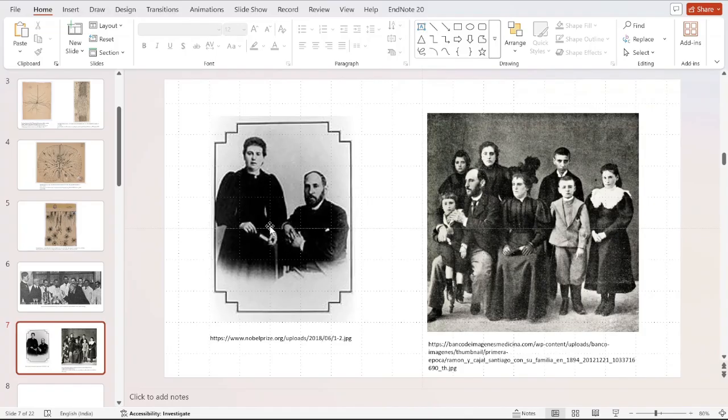Apparently, his wife was regarded as half of Cajal because of how much she supported his endeavors, managed the family as well as the finances, helped him in the laboratory, and helped him get funded to go all the way to Berlin to present his work.